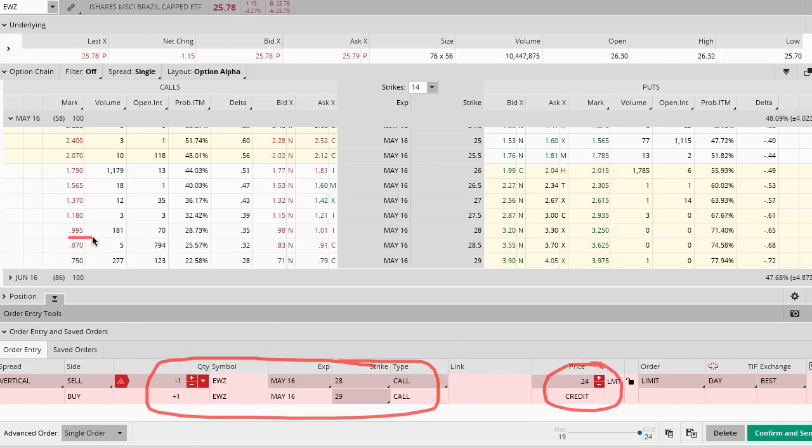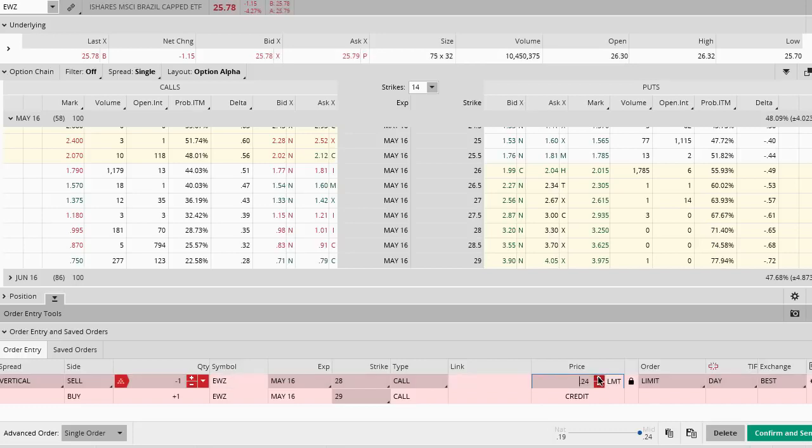Remember, it still always works out numbers to numbers. If we sold this option and took in roughly $100 of premium, and now we buy this option for $75, we're looking at a total net credit of about $25. Hopefully you see where I got that.